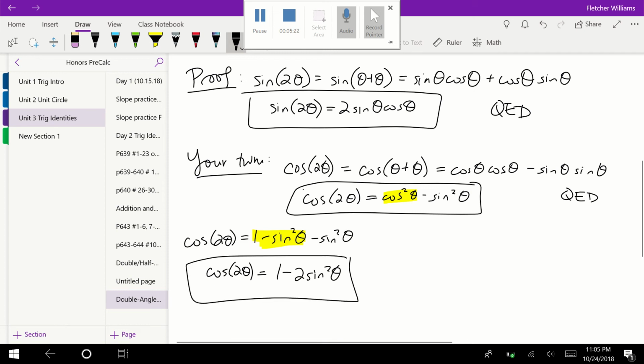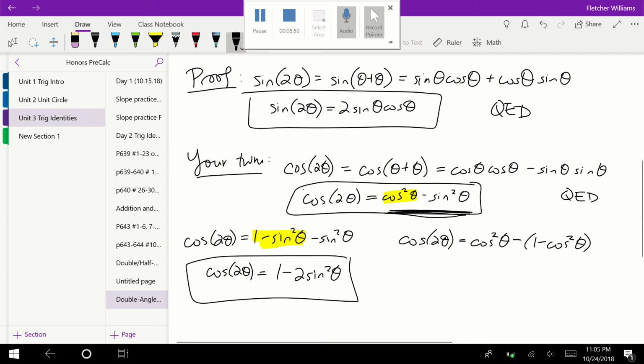Okay, so that's an equivalent expression. Or you could do it all in terms of cosine. So you could say cosine 2 theta equals, so we've got the original cosine squared minus sine squared. So we'll substitute 1 minus cosine squared in place of sine squared.